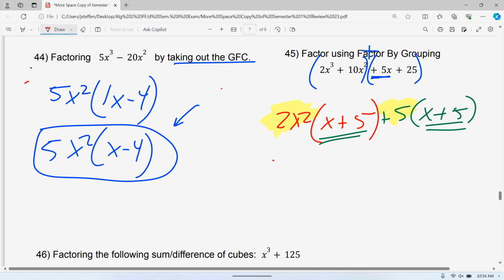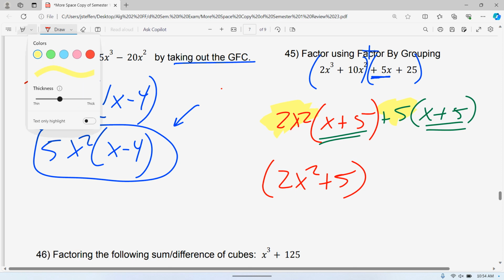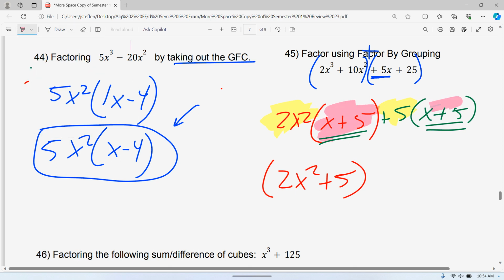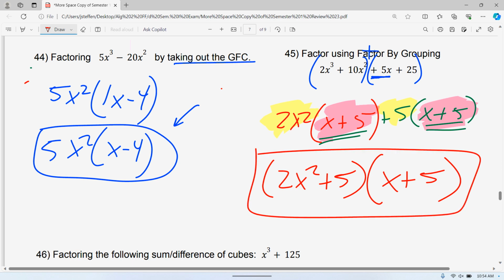So we have 2x squared plus 5. With factor by grouping, you should always end up with 2 binomials if that helps you.